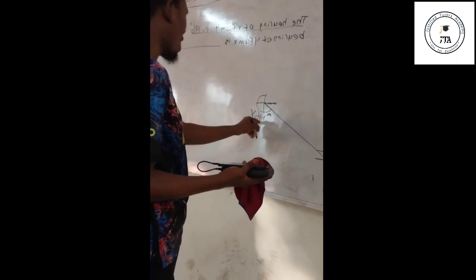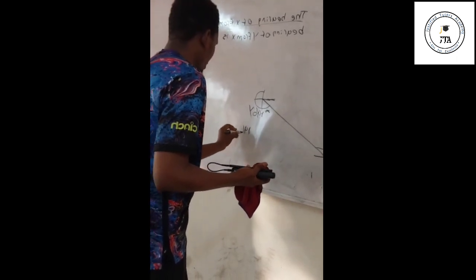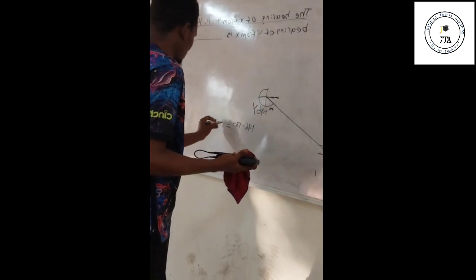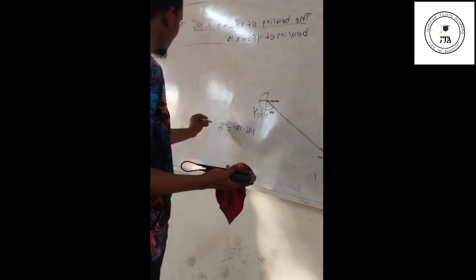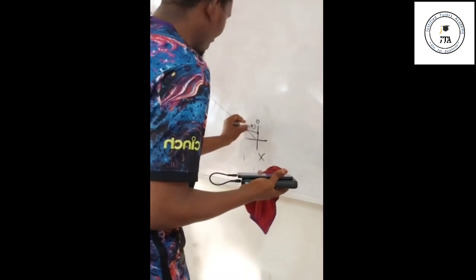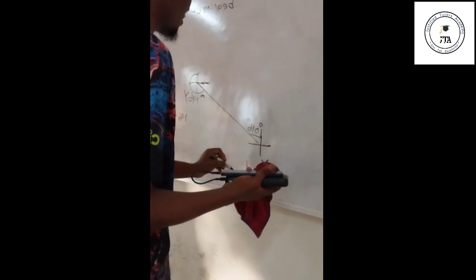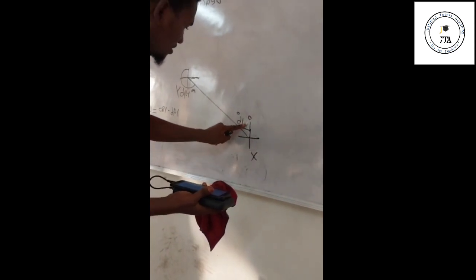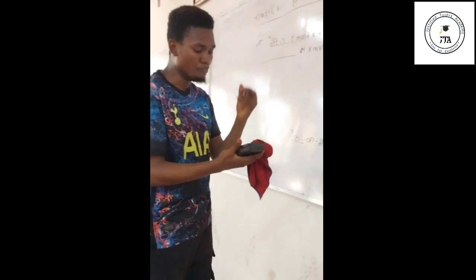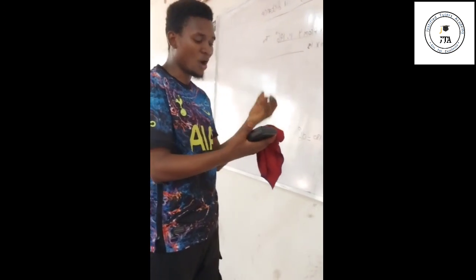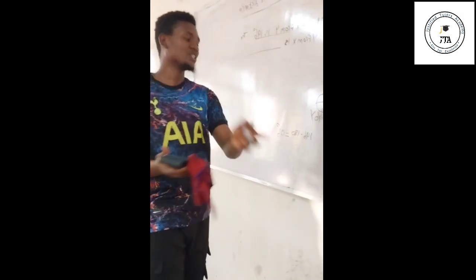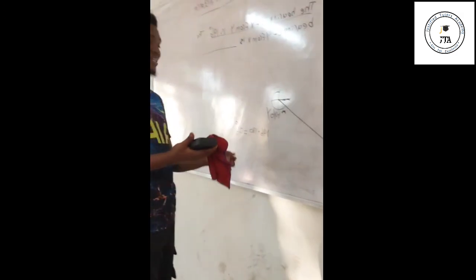It will be 196 minus 180, which is equal to 16 degrees. Therefore, we are having 16 degrees here. In our options, we have A 16 degrees, B 74 degrees, C 106 degrees, and D 196 degrees. Therefore, the answer is 16 degrees. It's as simple as that.